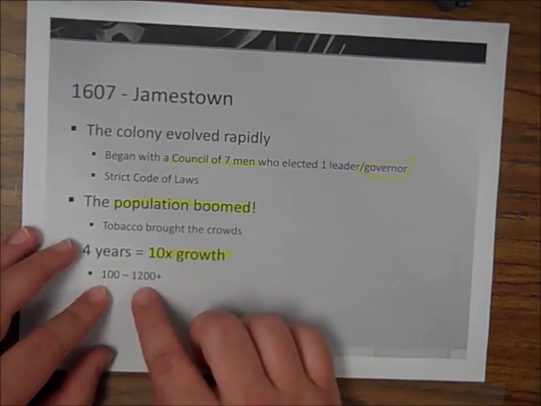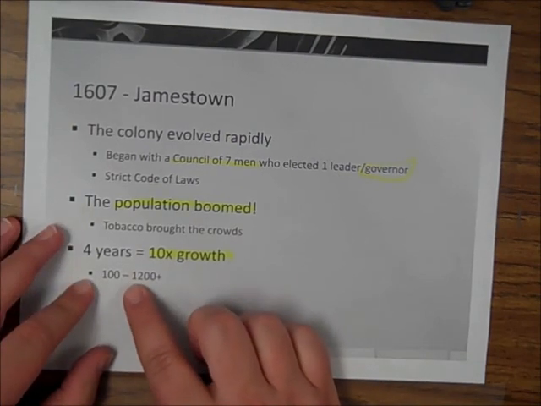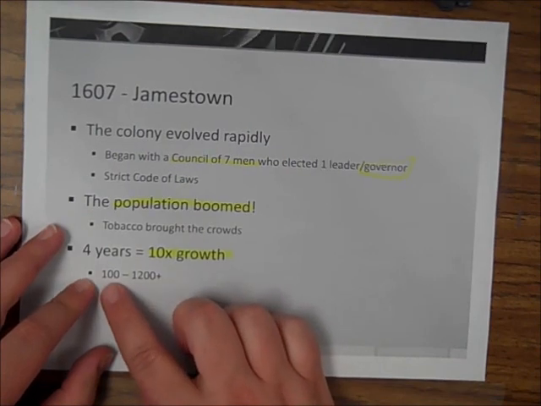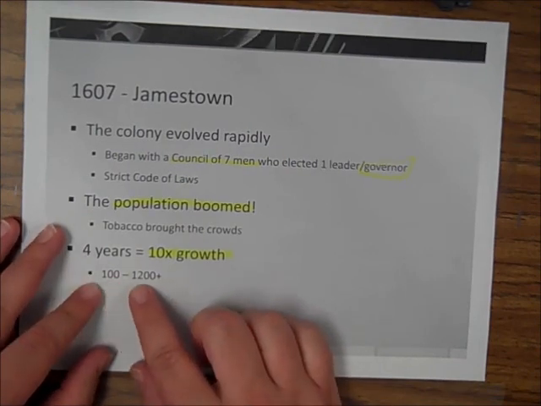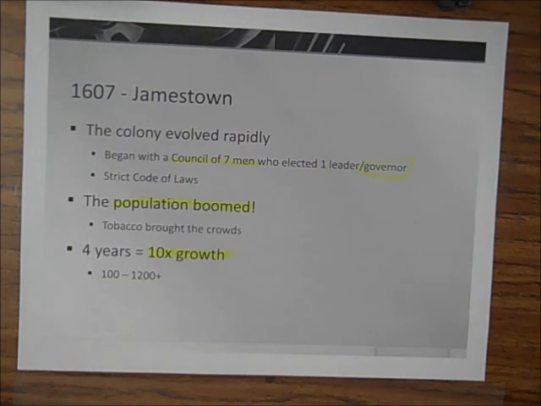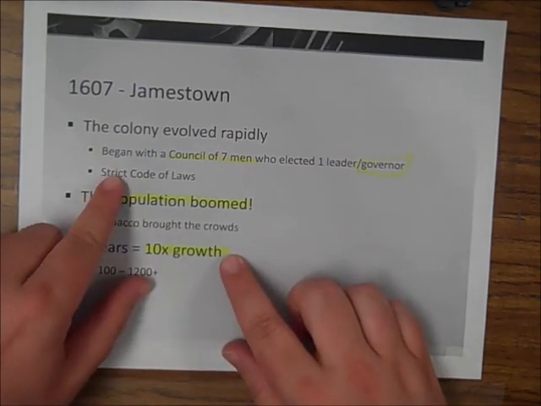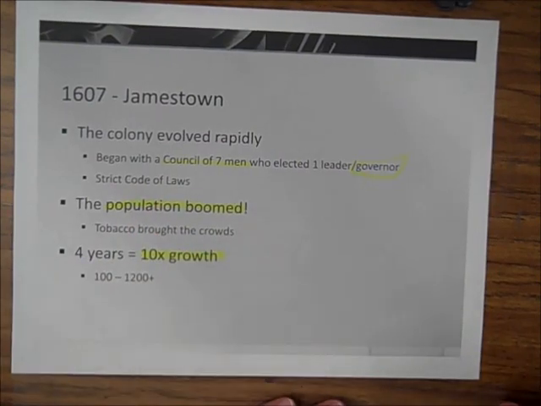And that was a real population boom here. So they really had to start developing how to govern all of these people and really take care of all of the business under the strict code of laws.